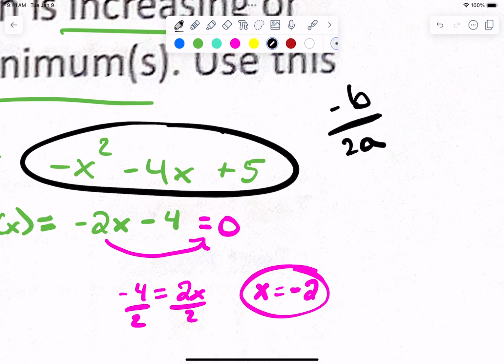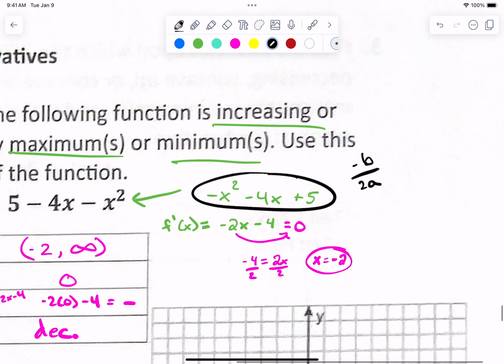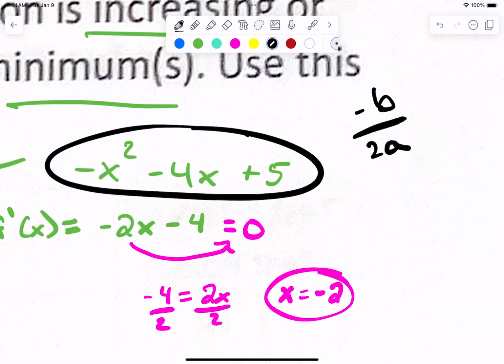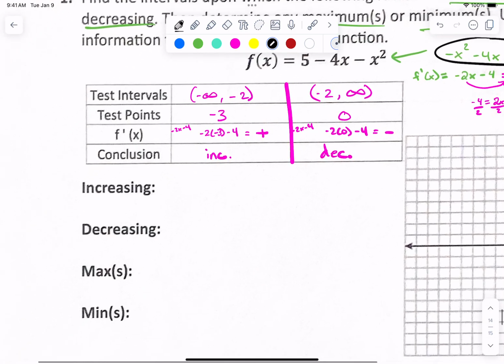Either way you will get the vertex. So on a question like on the ACT that says find the vertex, you could plug into negative b over 2a or take the derivative and set it equal to 0, because that gives you the vertex as well.